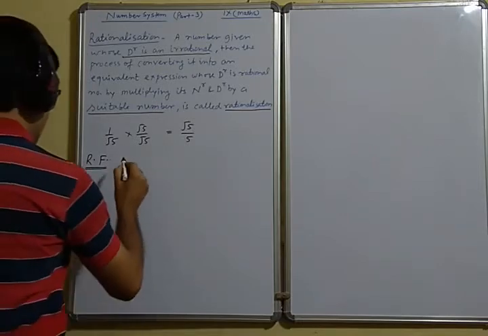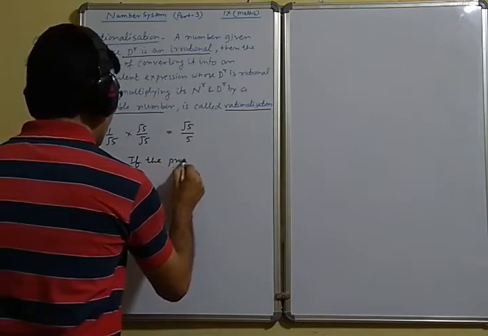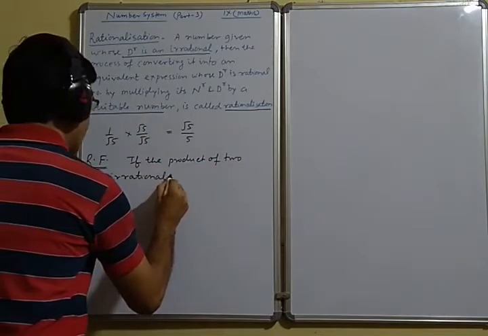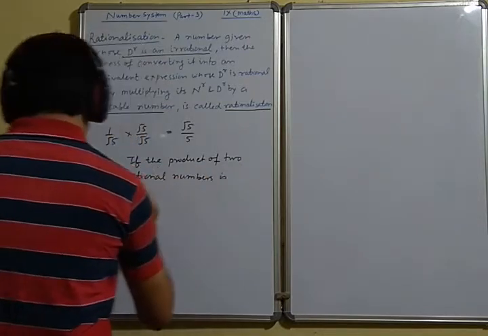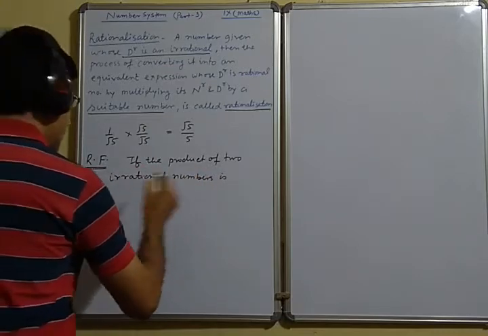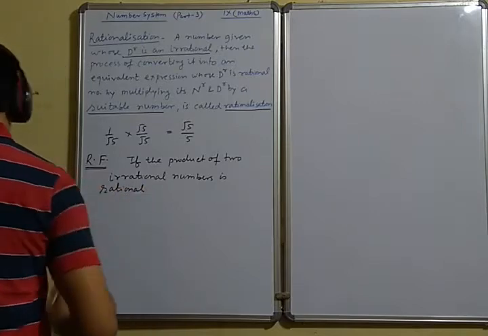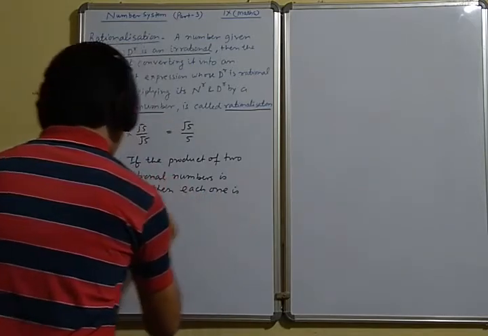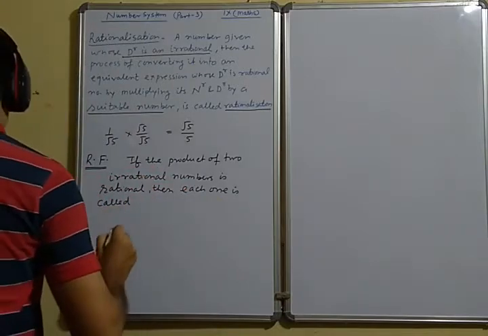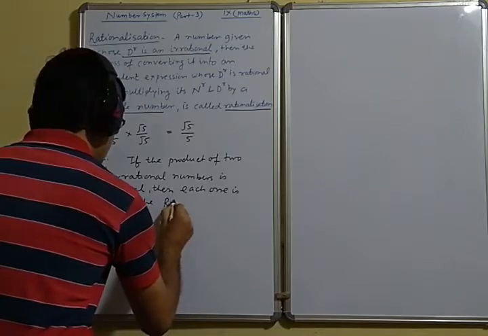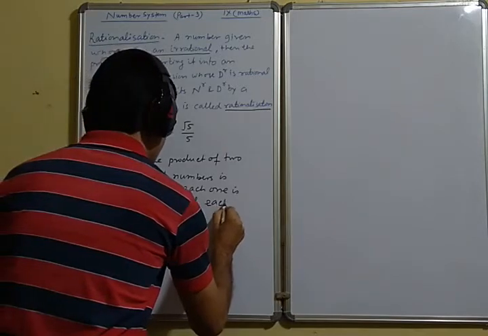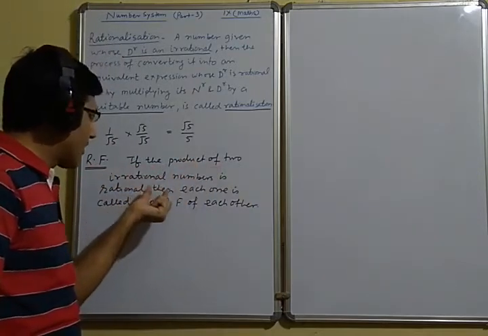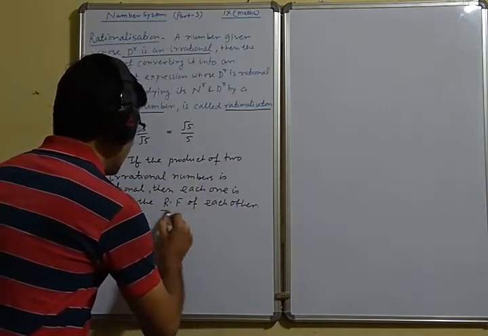If the product of two irrational numbers is rational, then each one is called the rationalizing factor of the other.